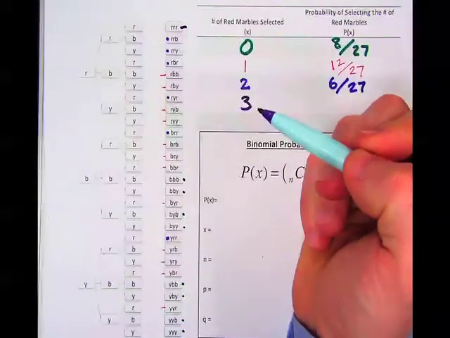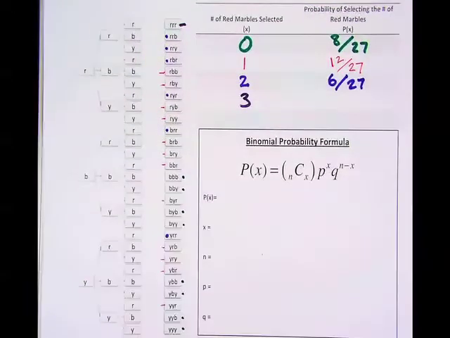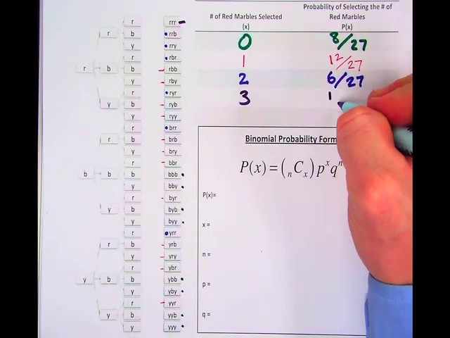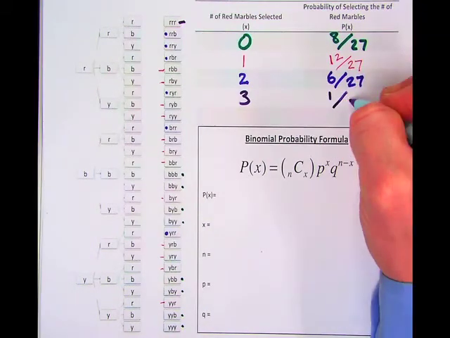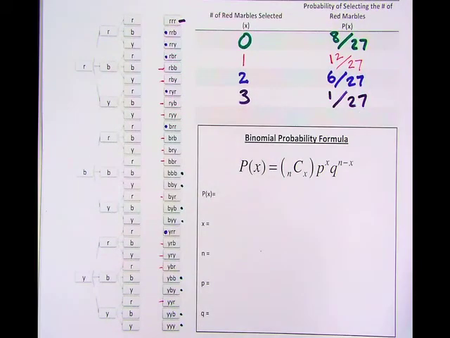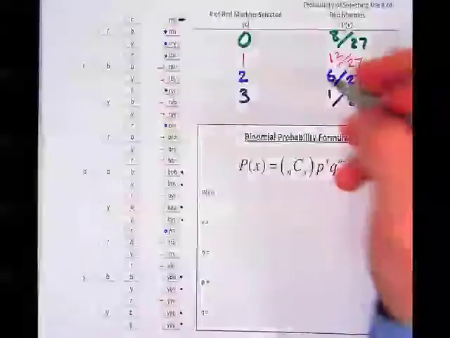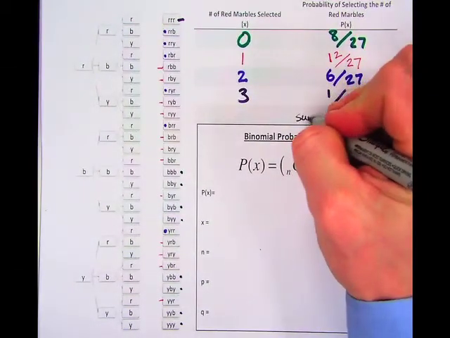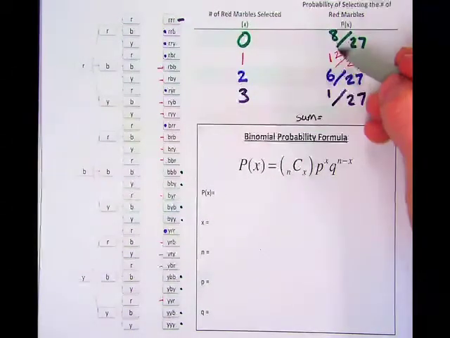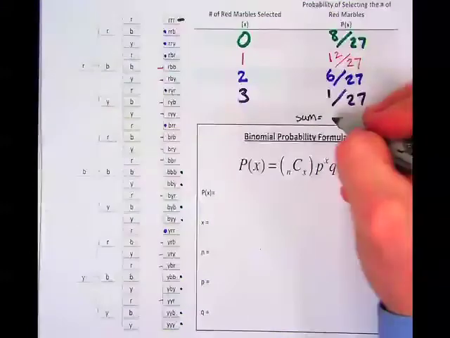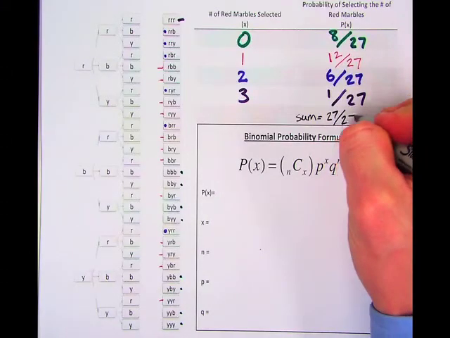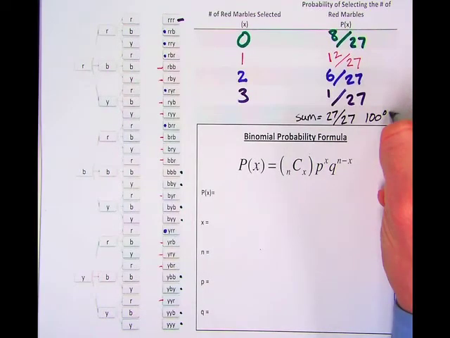If you look, that's our last one left. There's only one way of getting exactly 3 red marbles, so 1 out of 27. Again, we want to make sure that this adds up to 100%. You can see that we've marked every item in the sample space, and if we find the sum, we have 8 plus 12 plus 6 plus 1 is 27 out of 27, and that is 100%.